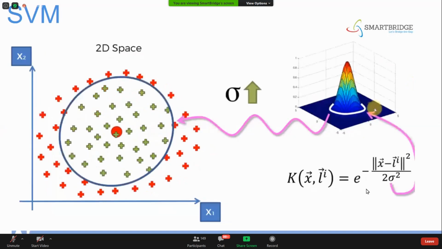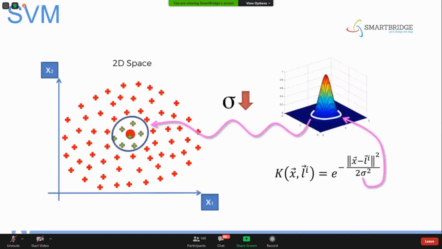If sigma is very high, then the separation will be wrong. Can you see green points are also considered as red points, because here also the k value is becoming 1. If sigma is too low, then this is also getting misclassified.